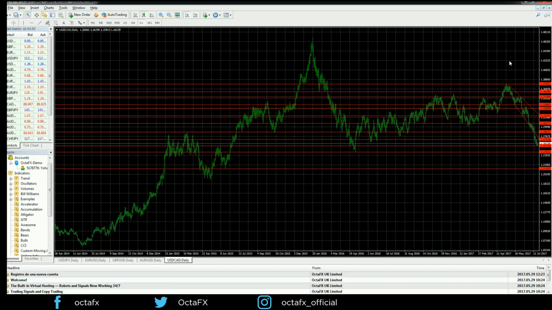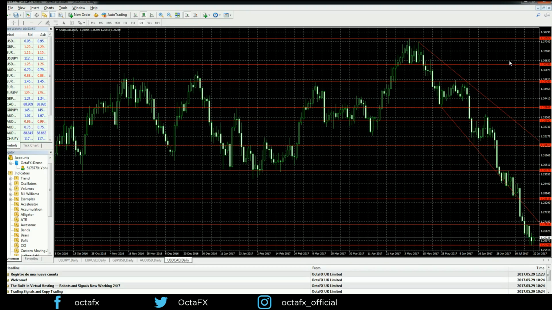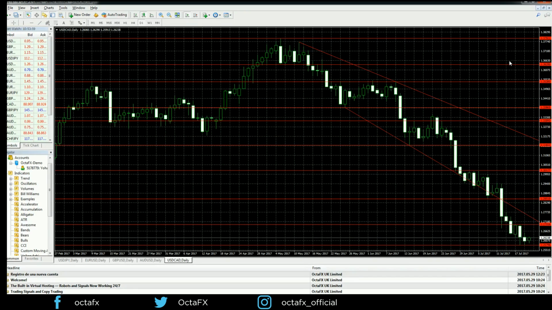In any case, if we zoom in, we can see the clear downtrend in recent months. The levels to watch out for in dollar CAD: 133.80, 131.60 for looking at very high levels if we have a big reversal, 130.20, 128.50, then 127, 125.80, which was the recent low, and 124.60.